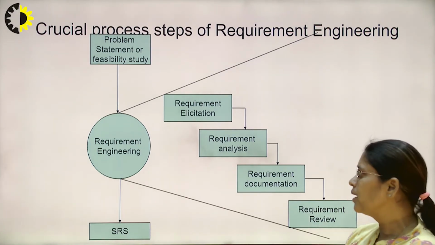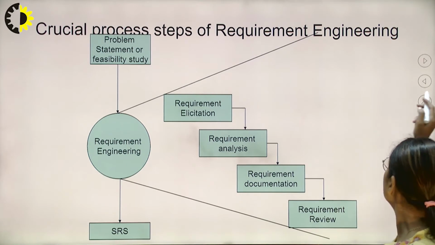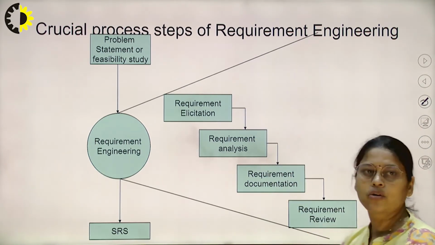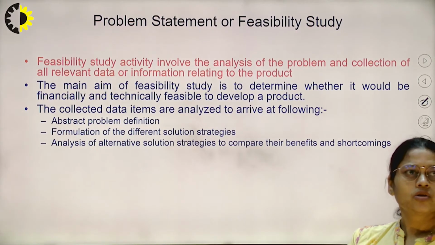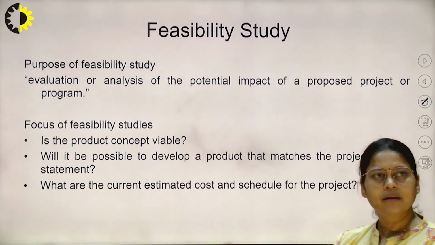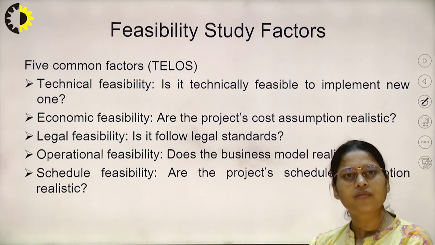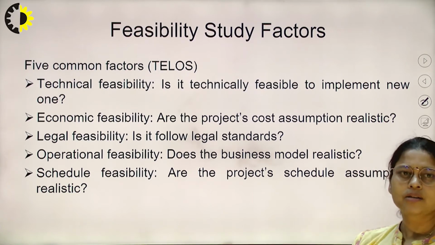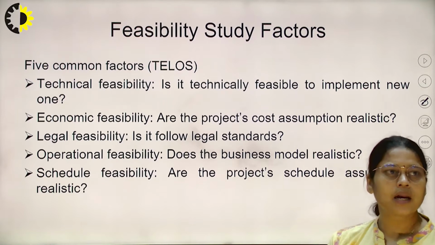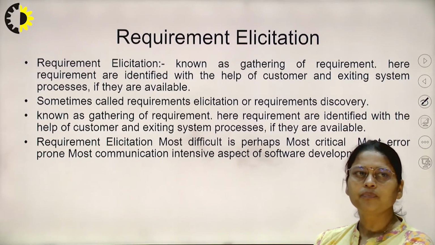The phases are elicitation, analysis, documentation and review. There are 5 factors in the feasibility study: technical, economical, legal, operational and schedule. I have already defined these in my previous lecture.